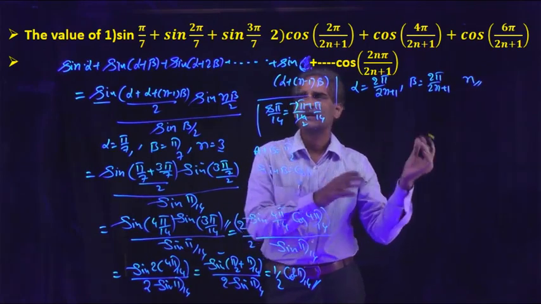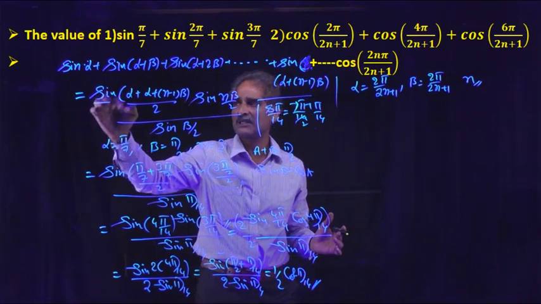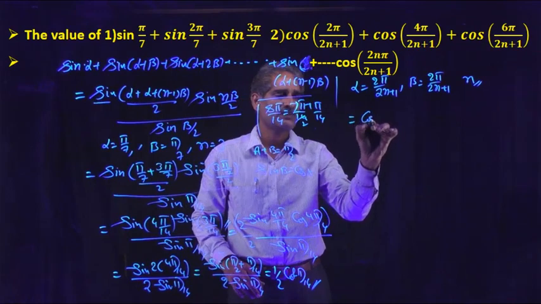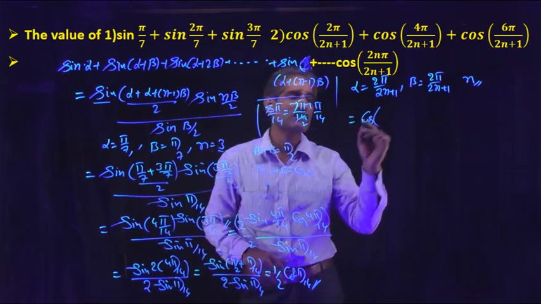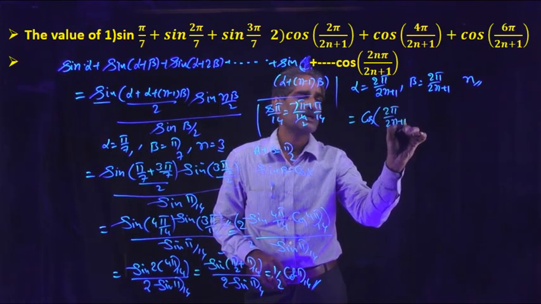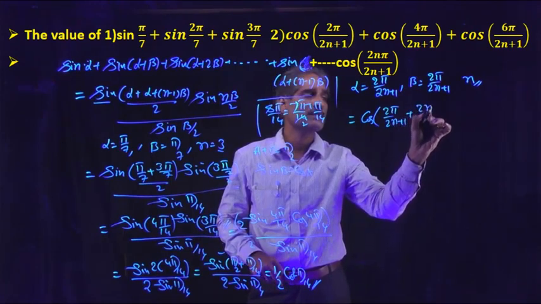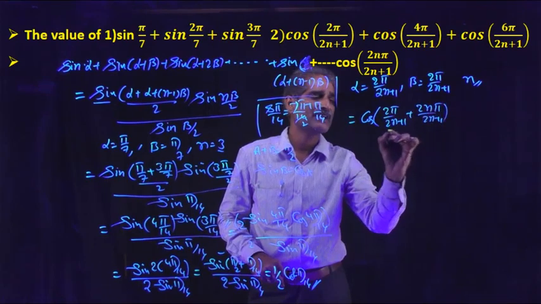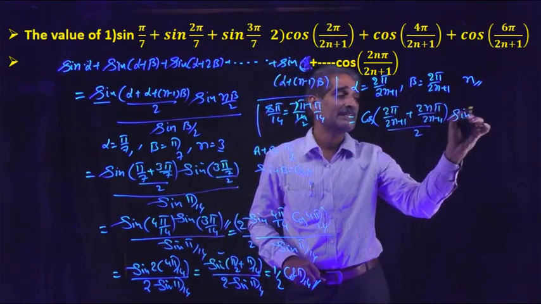So the change only happened at this function. Here in place of this we will get cos function. So now write down cos of the first angle plus last angle. What is the first angle? 2 pi by 2n plus 1 plus last angle 2n pi by 2n plus 1, whole divided by 2, into sine of n beta by 2.